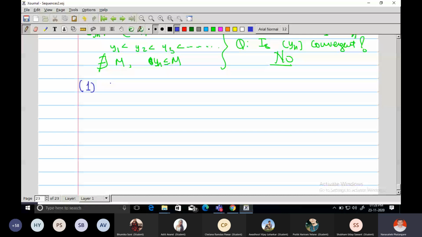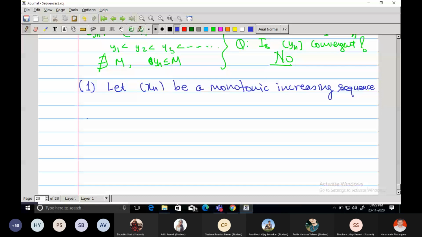What should be the statement? Let xn be a monotonic increasing sequence. When will it converge? What guarantees, what assures that xn is convergent?